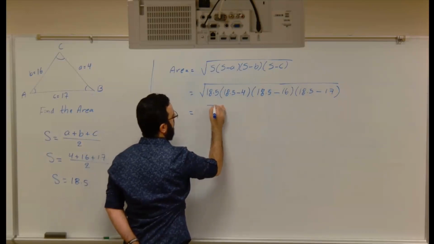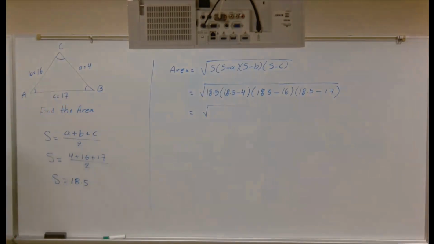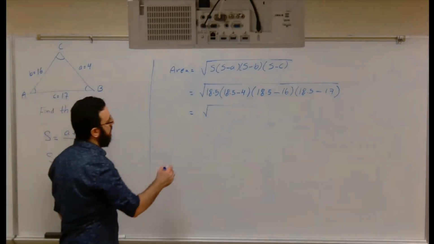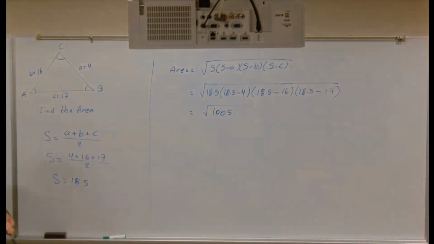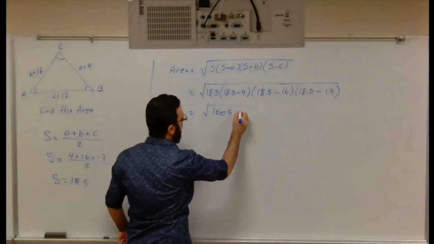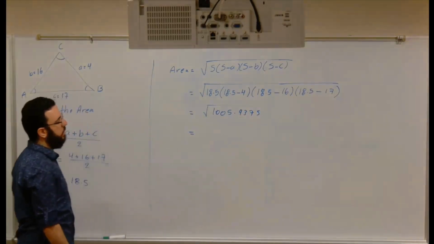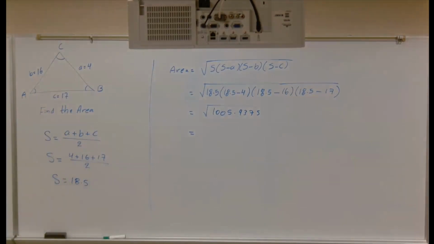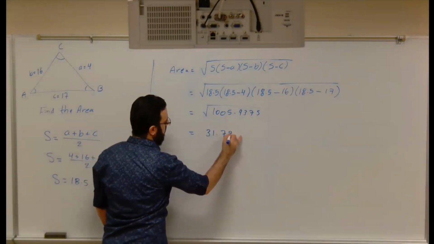Is going to be square root of what? 0.1, the point is going to be a decimal number. 0.9375. Check the square root. The number is going to be 31.72.